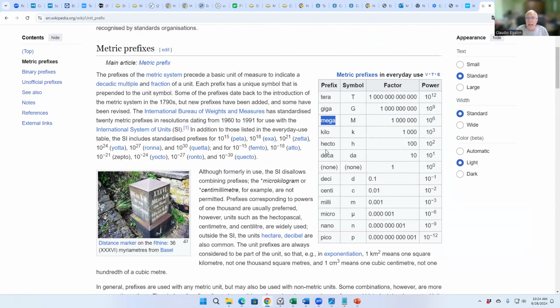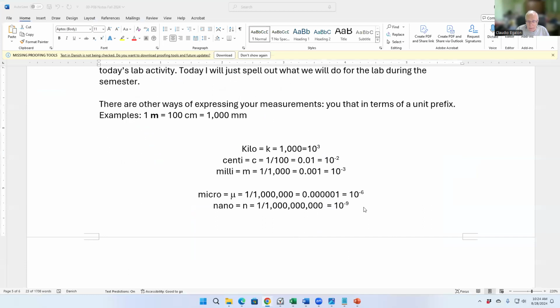We do use mega, which is a million. Giga, like gigabytes in your computer, and now we are getting terabyte hard drives. But among all of those, the kilo, the centi, and the milli are the most important ones. Here's the micro, the nano, and then we have the pico as well.